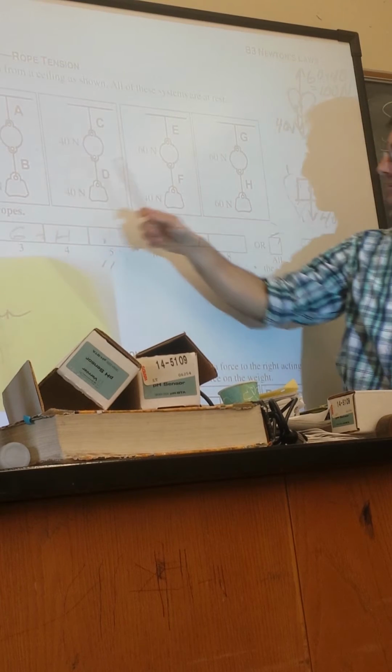Right? So I've got 40 newtons as well pulling down. What's the tension in the string going up? Yeah, 60 plus 40. Right? 100 newtons upwards. So A and E are the same. They would have the same amount of tension.